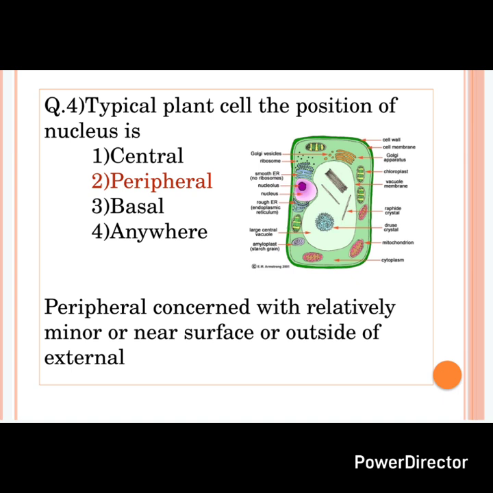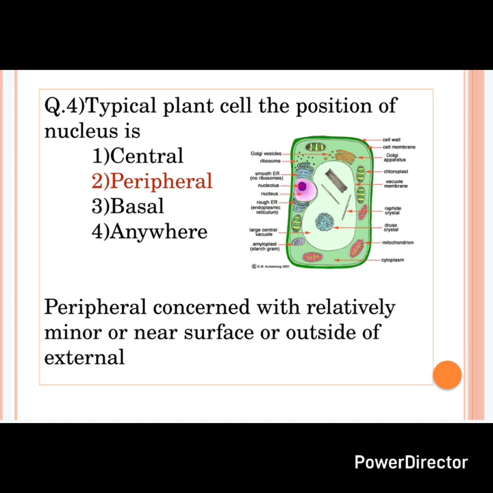You can see that the position of the nucleus is peripheral, that is, nearer to the surface or wall of the cell. It is not in the center, not basal, and not anywhere. It is nearer to the peripheral position.